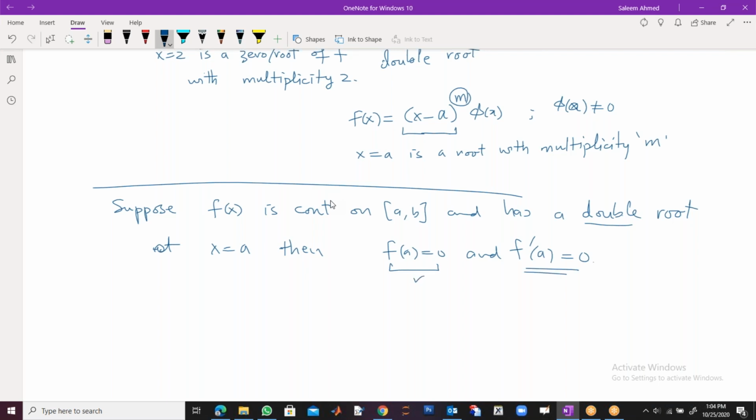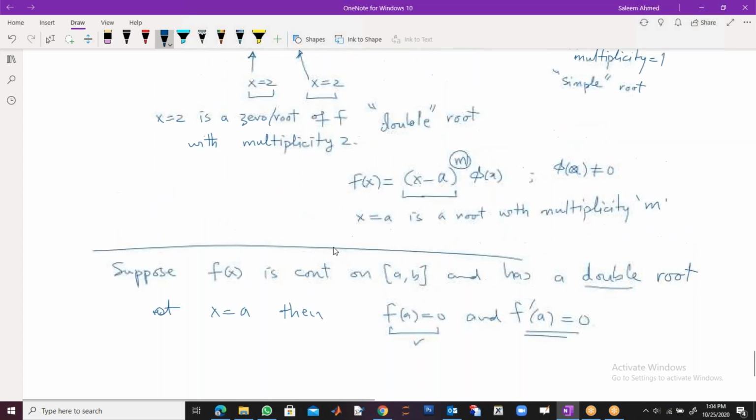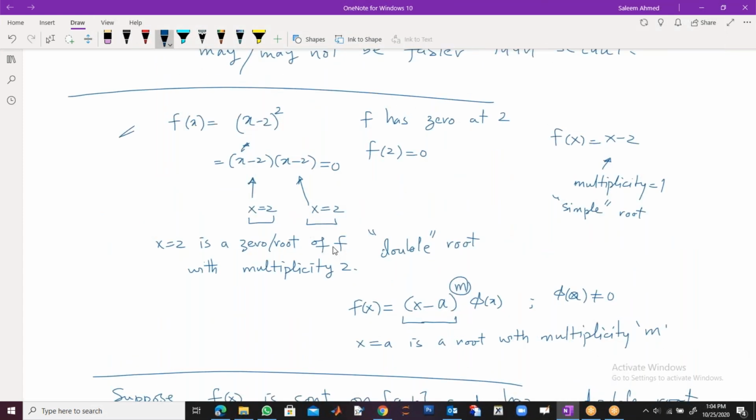This is an extra thing: its first derivative also becomes 0. Here you can see, what is the derivative of this function? 2 times (x minus 2). You see, this is still 0 at 2. If you put x equal to 2, 2 minus 2 is still 0. So the first derivative is 0, but the second derivative is not 0.